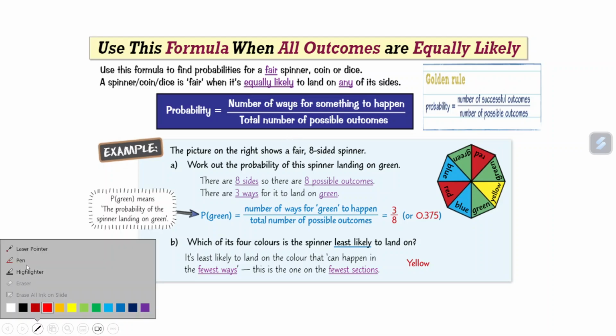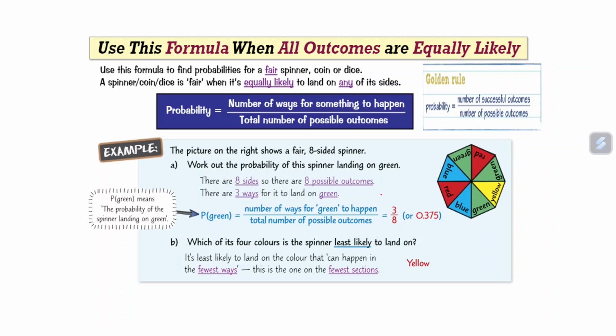So let me bring out my pen. This summary is trying to tell us that the formula for probability is equal to the number of successful outcomes divided by the number of possible outcomes. In this case, you can see this spinner.